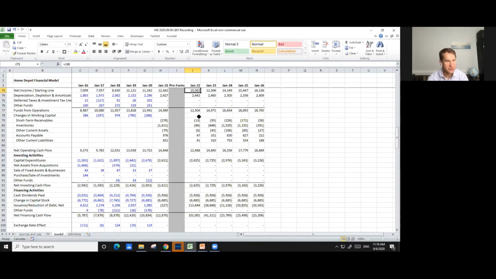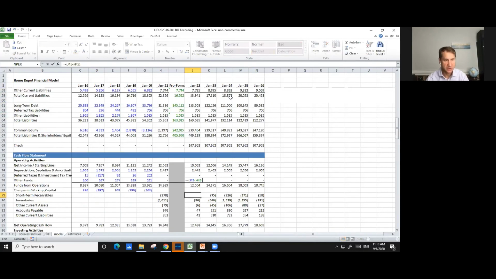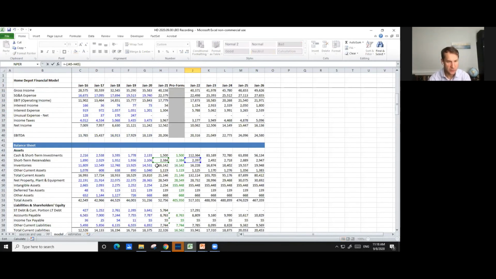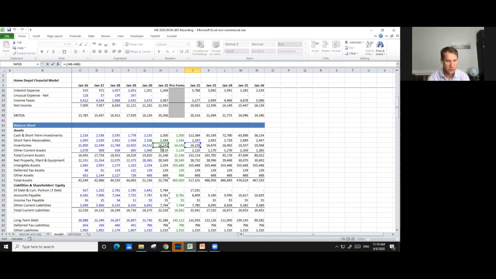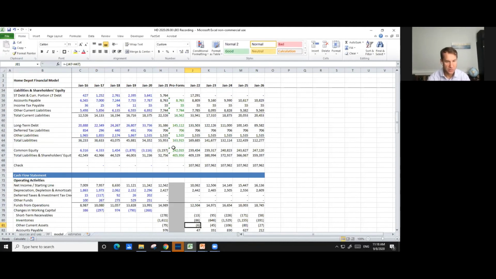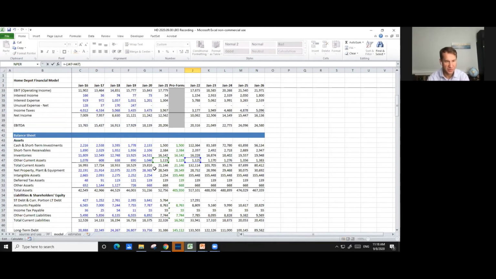Net income is fine, depreciation is good. Changes in working capital, that's where we need to change the formula. So again, instead of using the old pro forma number, we need to use the pro forma number.